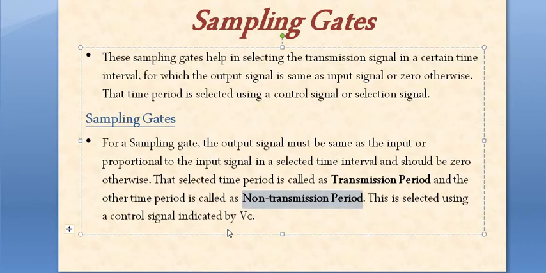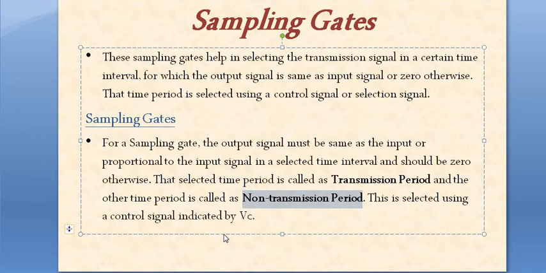In that time period only, your signal has to move on, and after that it should not give any kind of output. That output will be 0. The selected time period is called the transmission period, and the other time period is called the non-transmission period. This is selected using a control signal which is indicated by VC.